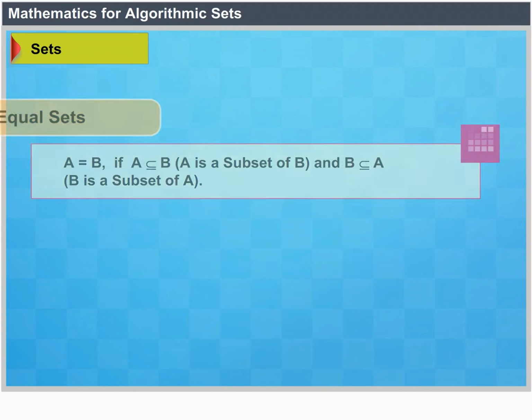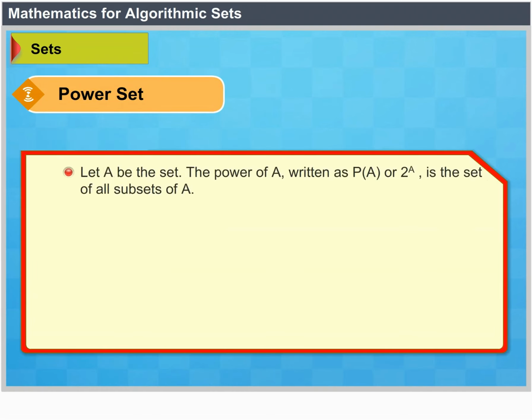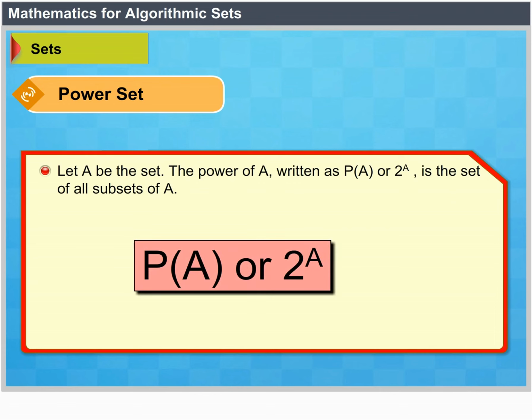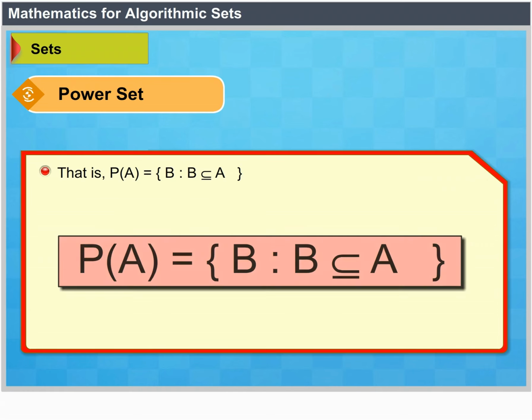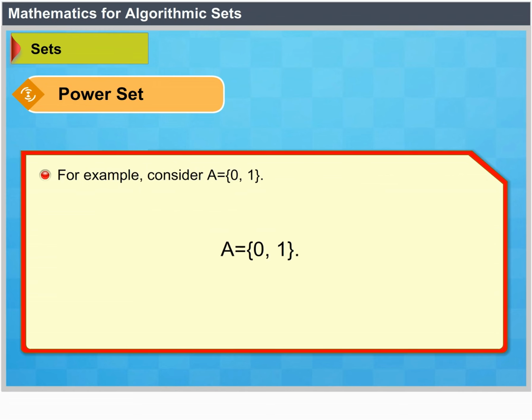Power set. Let A be a set. The power set of A, written as P of A or 2 power A, is the set of all subsets of A. That is, P of A is equal to, within set symbol, B such that B is a subset of A. For example, consider the set A which has the elements 0 and 1.